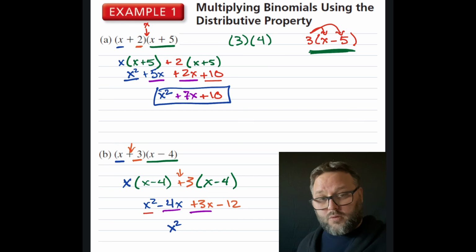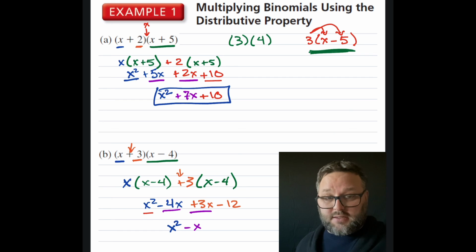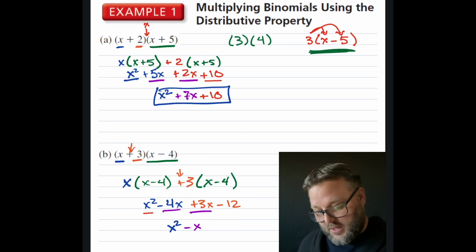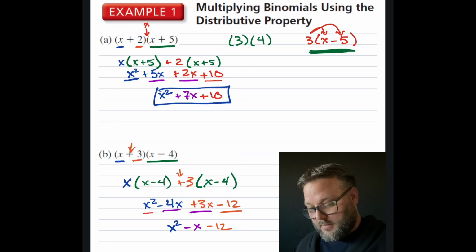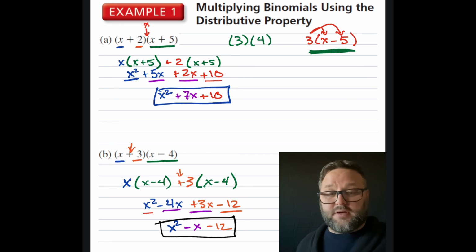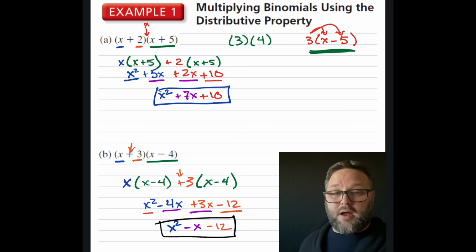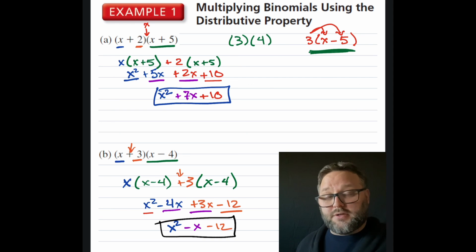Well, negative 4 plus 3 is a negative 1x, so I'm just going to put x, because negative x means 1x. And lastly, I need to see that this constant term is by itself, negative 12. And at that point, I have finished multiplying my second binomial using the distributive property.